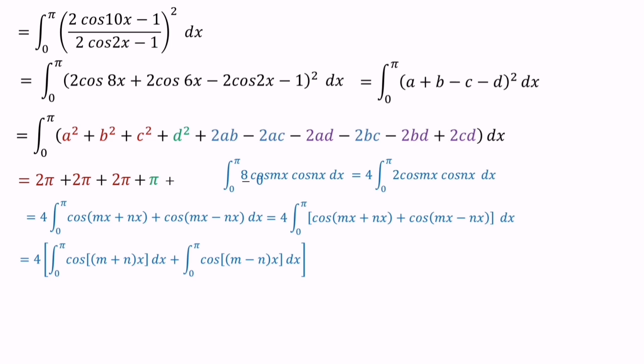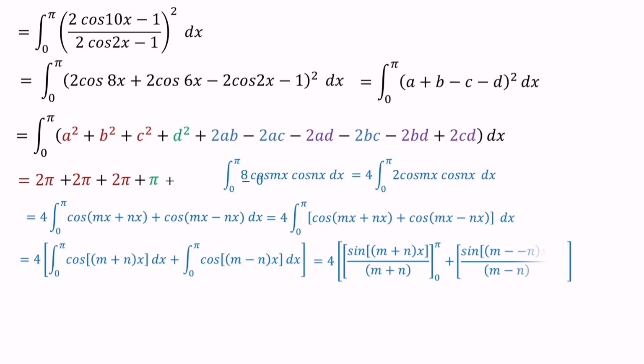The integral of cos (m plus n) into x we can consider as sin (m plus n) into x over (m plus n). Similarly, the integral of cos (m minus n) into x we can consider as sin (m minus n) into x over (m minus n). Here m and n are integers.